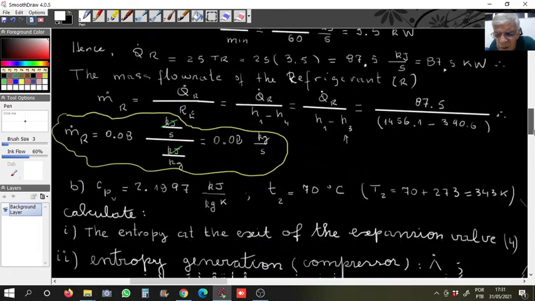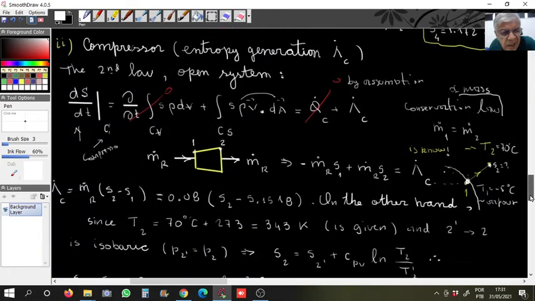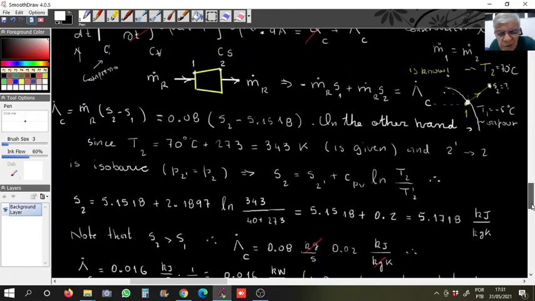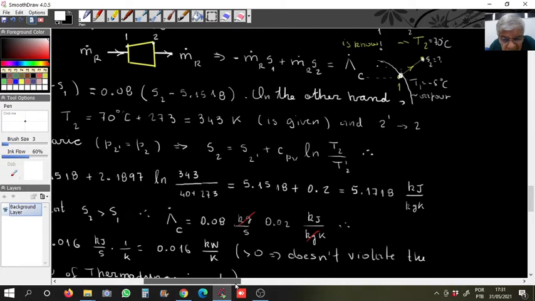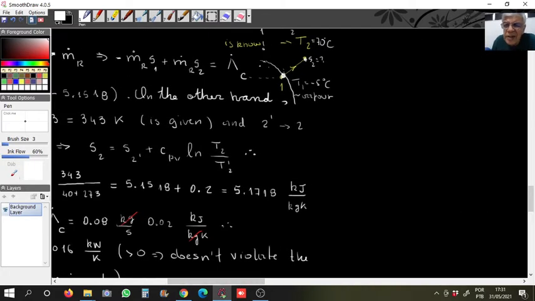If you remember, for the compressor, it's quite easy because from the first law you have TdS equal to dH minus V dP.